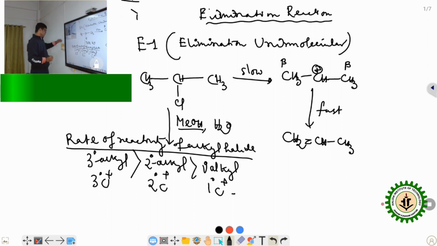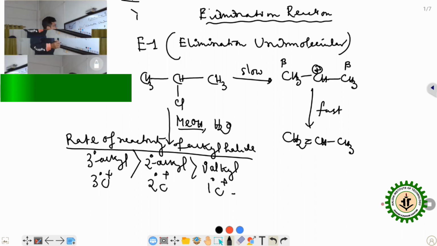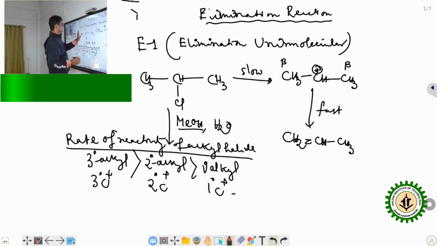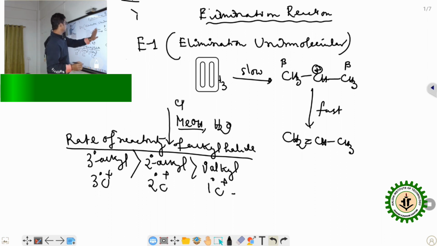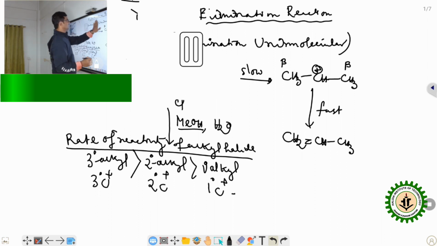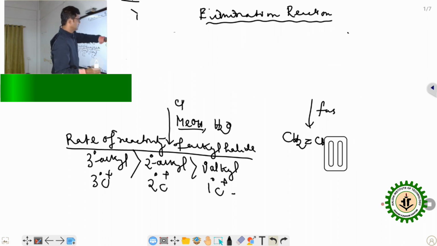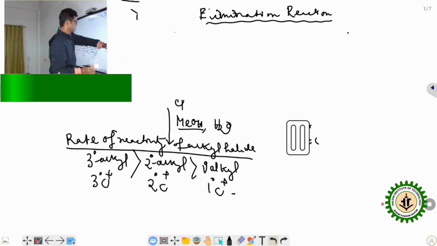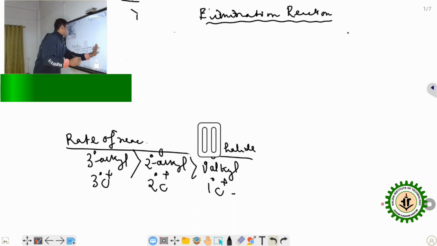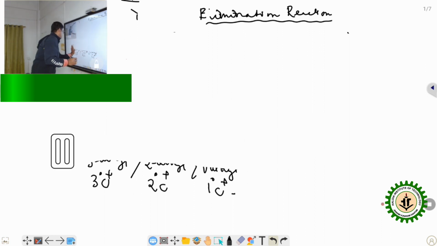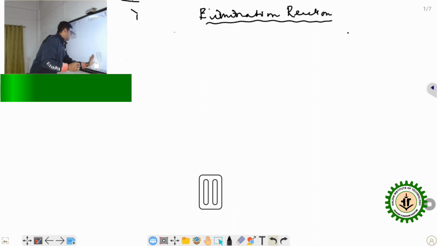Now here in the product formation of alkene, two kinds of alkene can be produced from this substrate. So I can show you two kinds of alkene from this E1 reaction. Let me give you one example for this reaction. So this is a simple reaction that I have shown you.